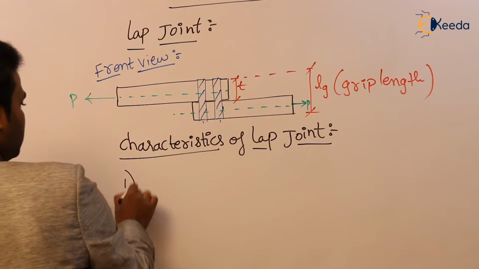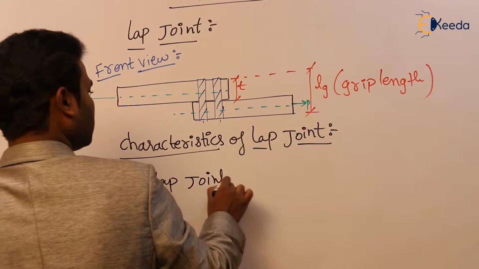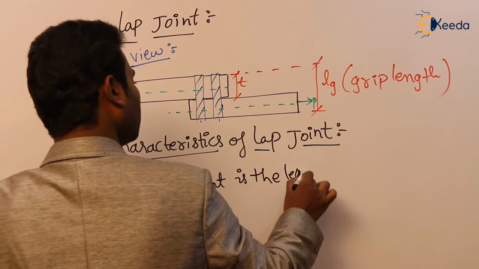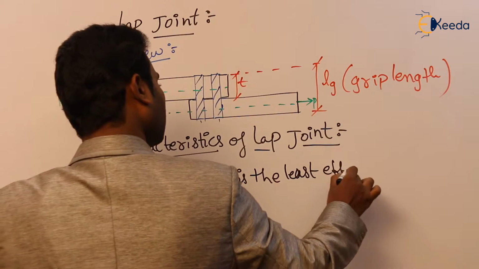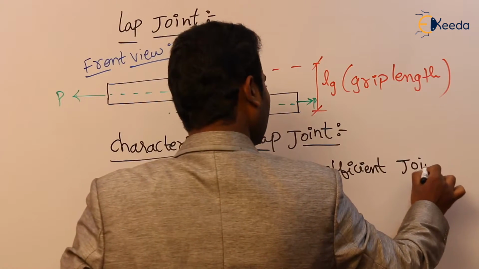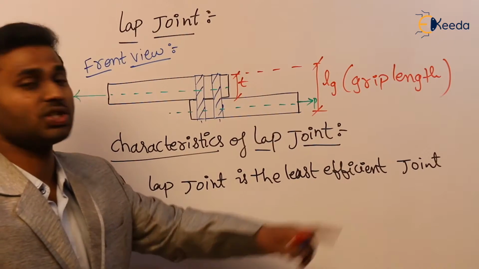So the first characteristic is that the lap joint is the least efficient joint.